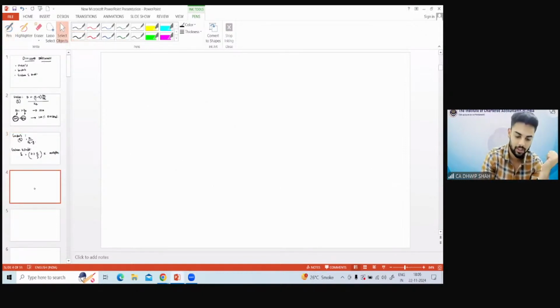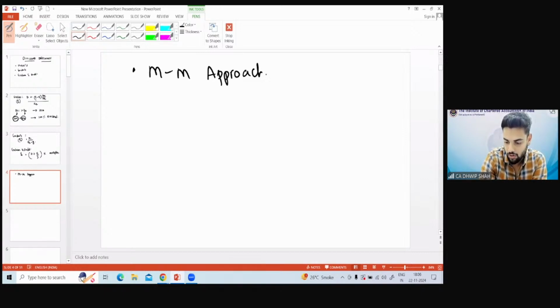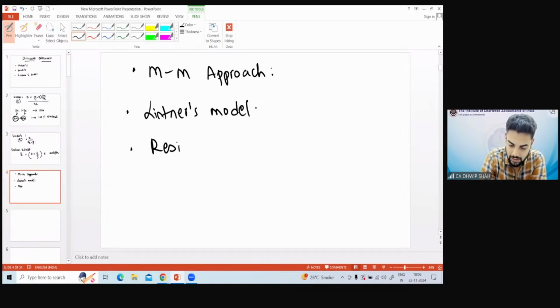Now, today we would be learning the model given by MM. We would be learning the MM approach of dividend. We would be learning Lintner's model of dividend. We would be learning the residual approach of dividend.